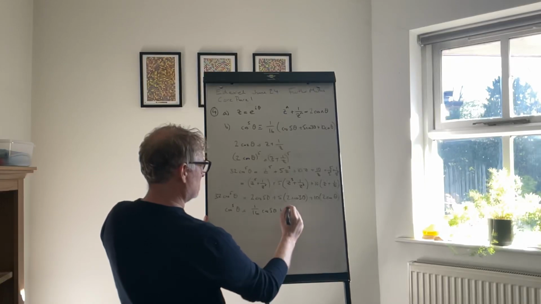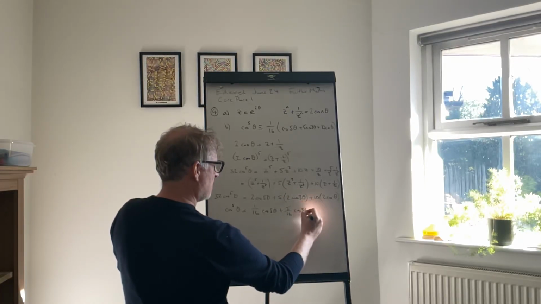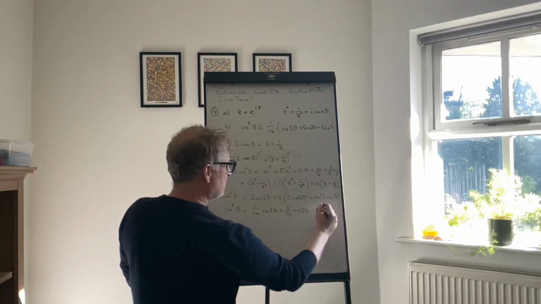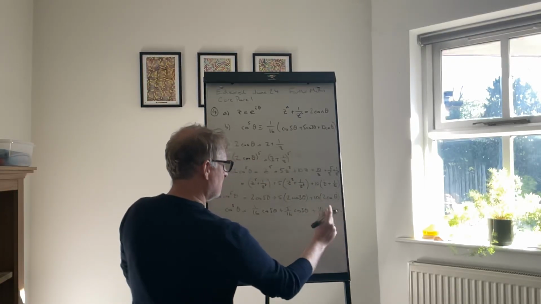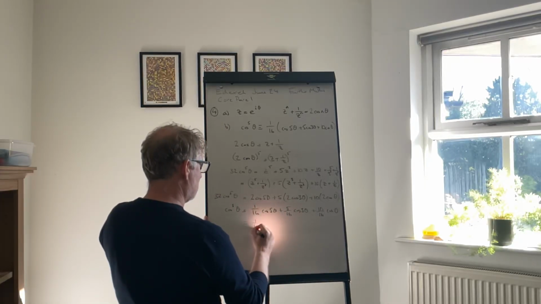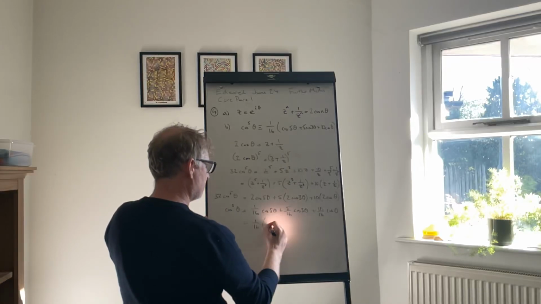This divided by 32 is 5 over 16, cos 3 theta. And this divided by 32 is 10 over 16, cos theta. Take the 16th out, and lo and behold, we have what we want there.